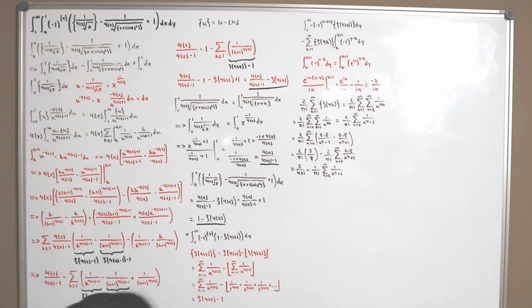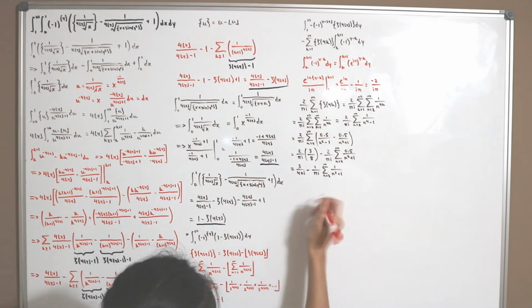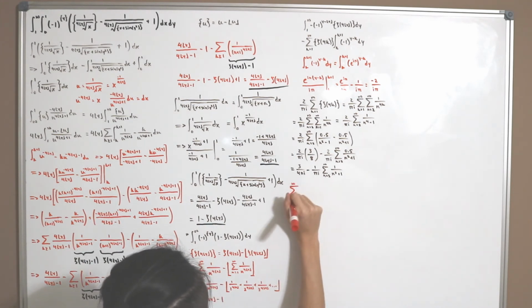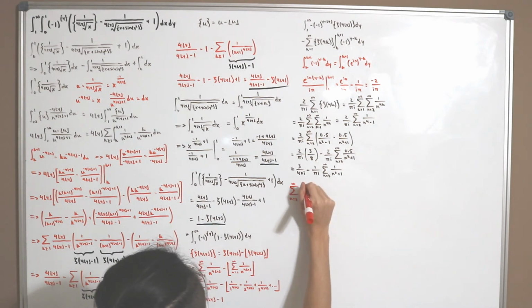So now you might be thinking to yourself, how do we expand this? I'm going to deal with some complex analysis here, so let me rewrite this in red. This is the sum from n equals 2 of 1 over n squared plus 1.